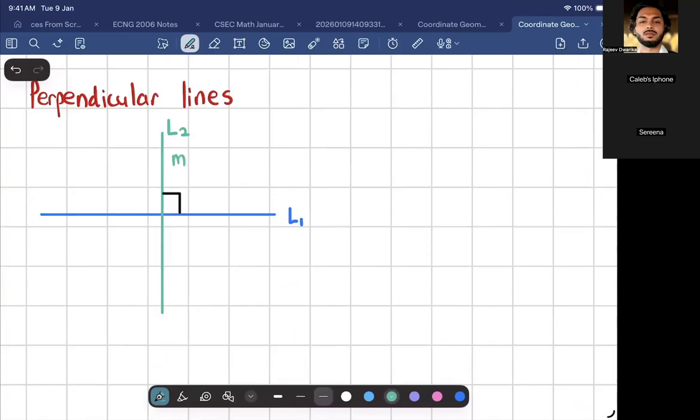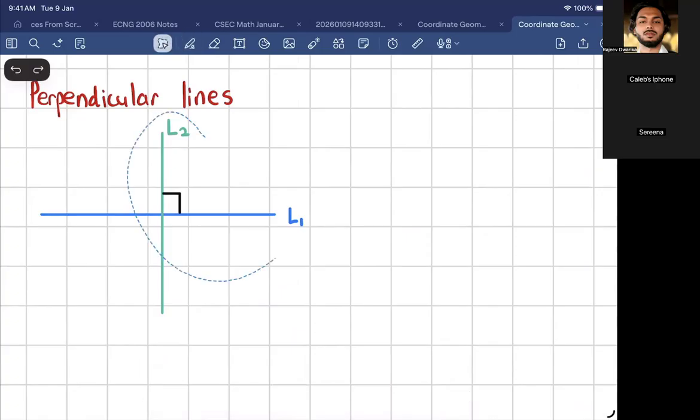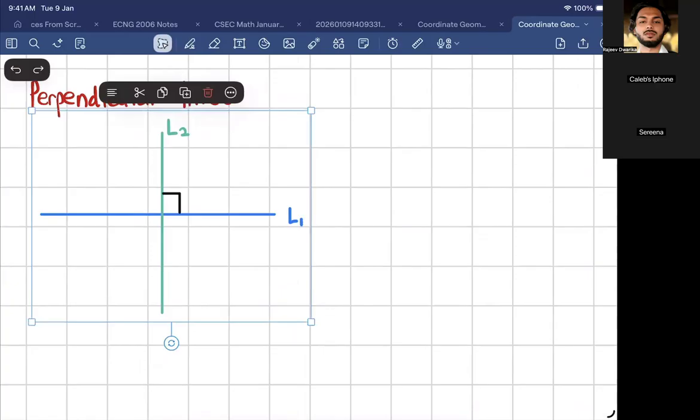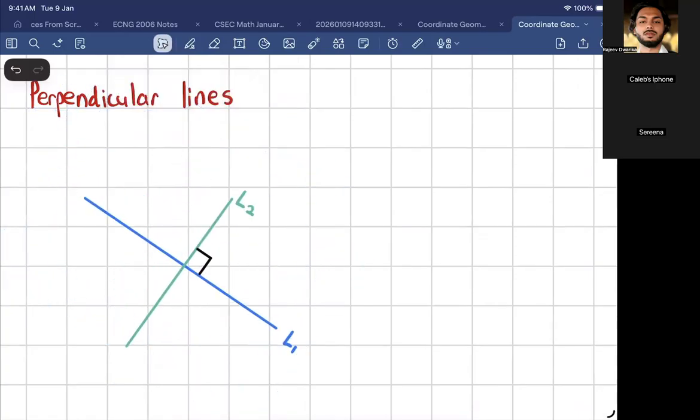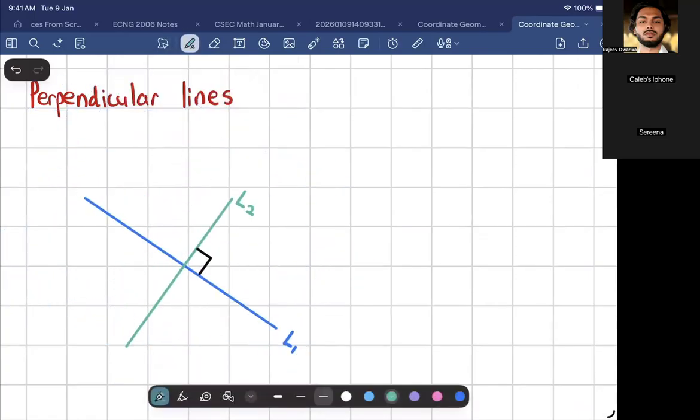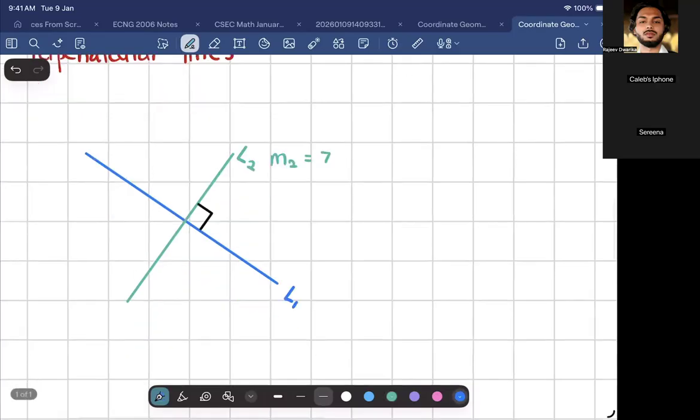Let's just say that the gradient for line 2, m2, was equal to 7. Then the gradient of line 1 would be equal to what? Do you remember, Serena?